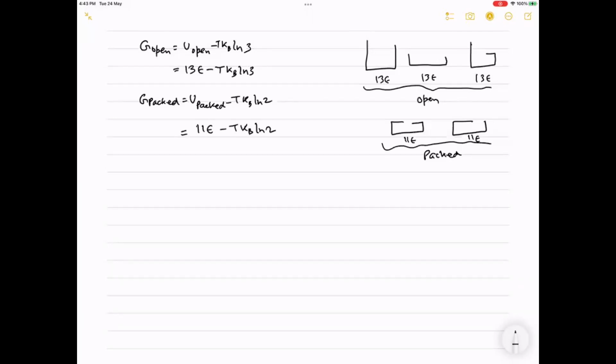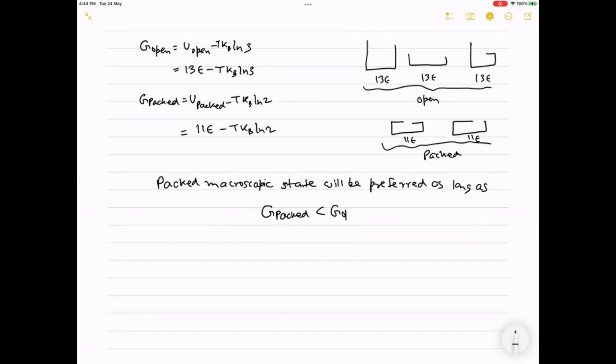Now, we have got the expressions for the free energy for open and packed macroscopic state. I can say now that the packed macroscopic state will be preferred as long as the free energy of the packed macroscopic state is less than the free energy of the open macroscopic state.